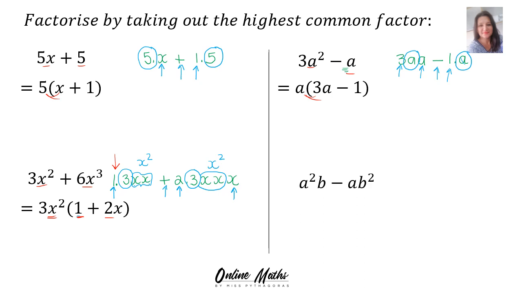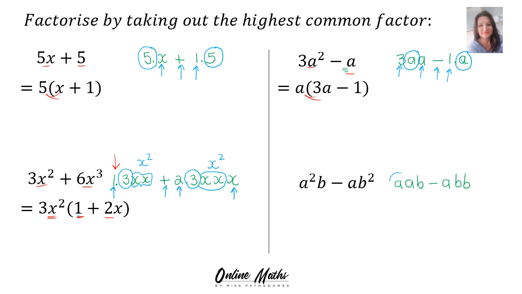Last example on this slide. Let's write this in expanded form. A squared b means a times a times b minus, and ab squared is a times b times b. Then let's take out the highest common factor. So on the first term there's 2 a's and 1 b, and on the second term there's 1 a and 2 b's.